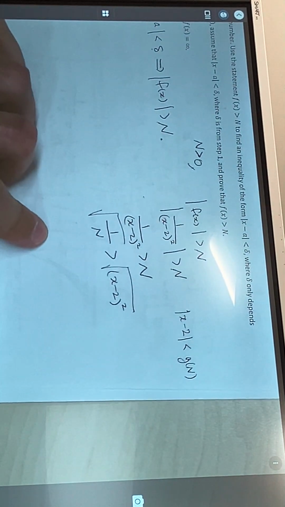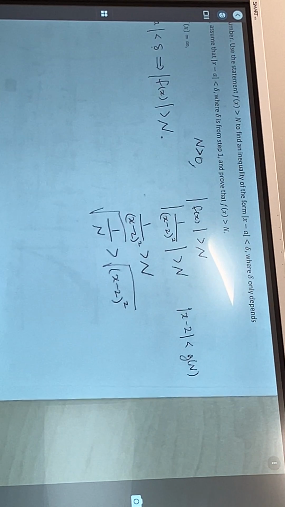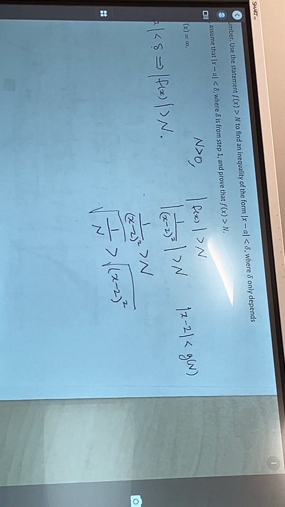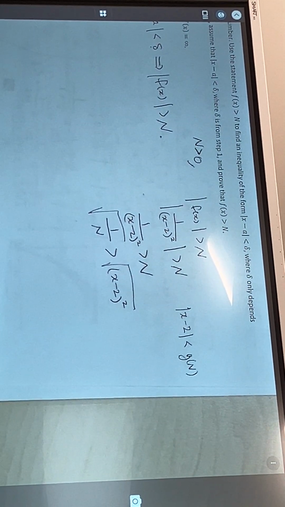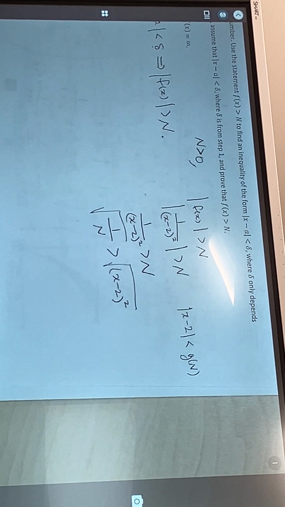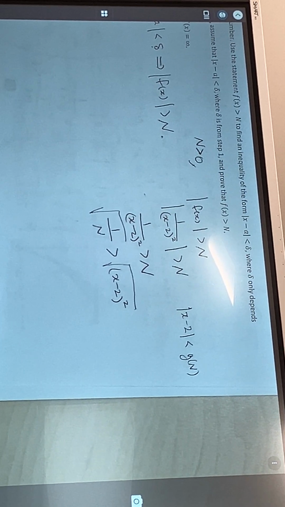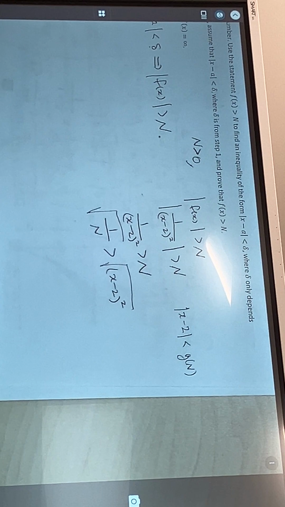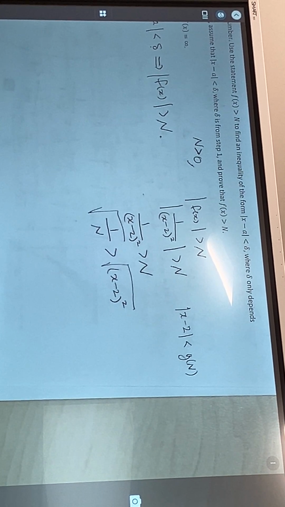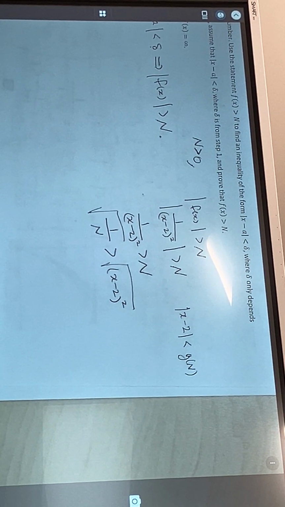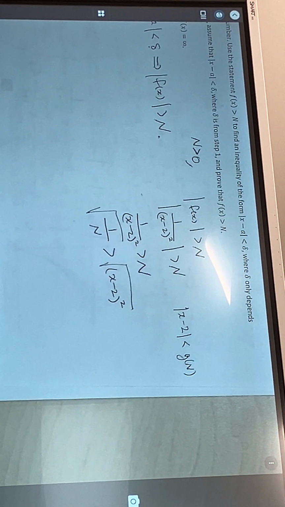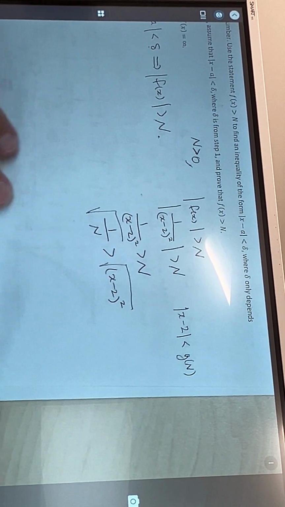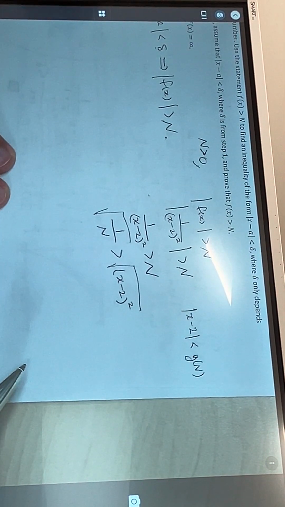We need to figure out what to do about the plus and minus, because you certainly should have a feeling that there needs to be a plus or minus going on here. And so, plus or minus.